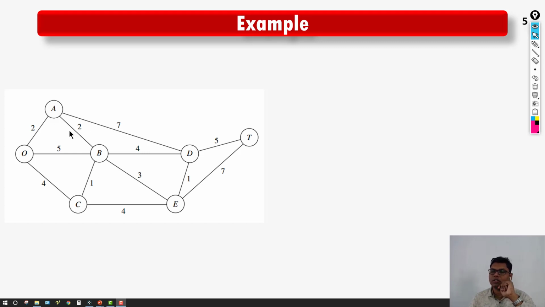From A to B, only 2 can go. From O to B, only 5 can go. Similarly, all other roads, these values are showing the maximum number of trams, or you can say trips of trams, which is allowed on that road per day. Why is it given like that?